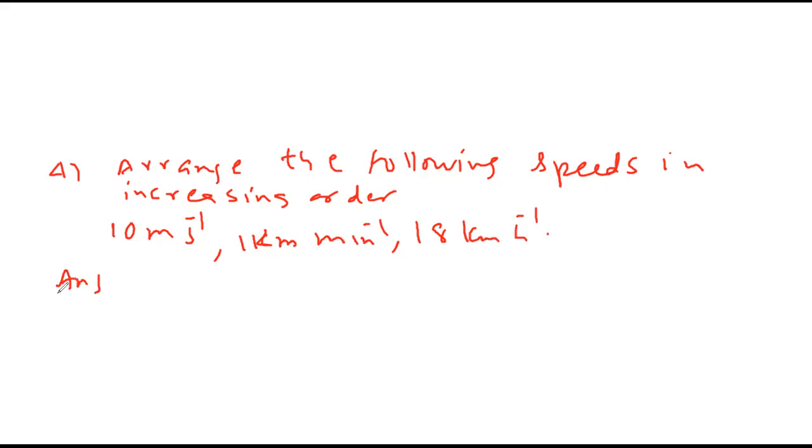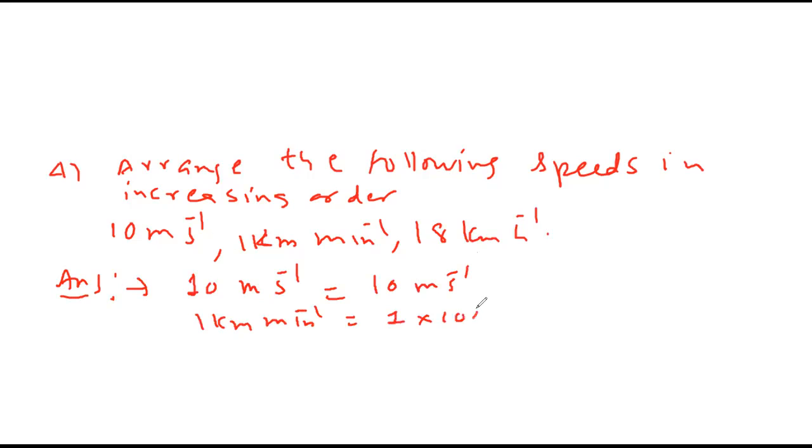To arrange in increasing order or decreasing order, first the unit must be same. So I'm converting all in meter per second. 10 meter per second is 10 meter per second. 1 kilometer minute raised to minus 1 is 1 into 1000 meter per 60 second.